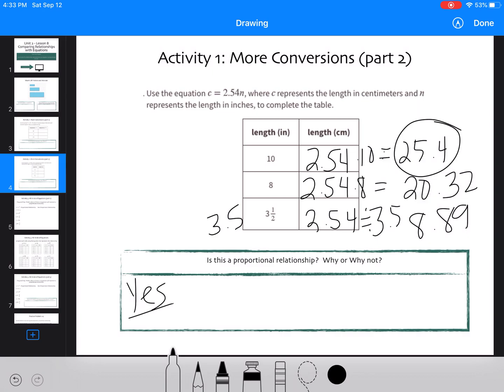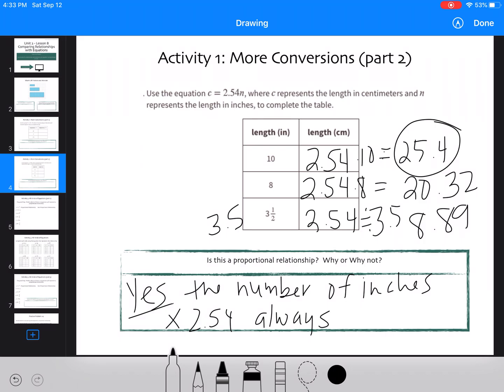So is this a proportional relationship? Yes. The number of inches times 2.54 always equals the number of centimeters.